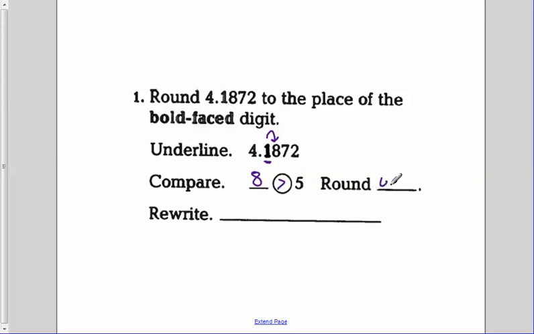So that means we're going to round up. So we rewrite this as 4, and since we have to round up, that 1 becomes a 2, and we could write all the remaining digits as zeros, or we could just write it as 4 and 2 tenths.